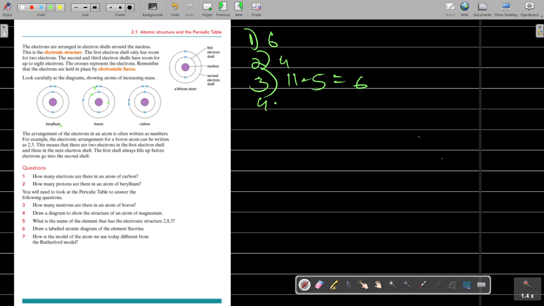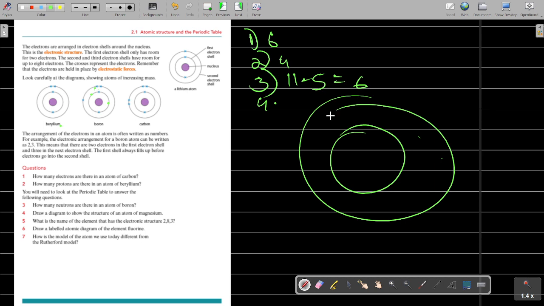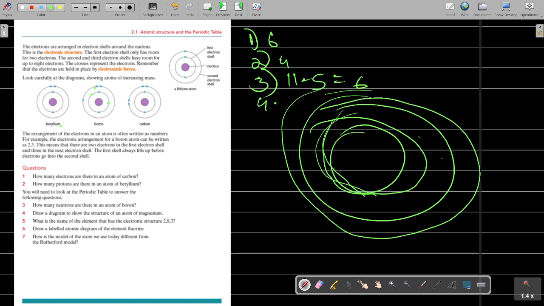That's what we finished. Draw a diagram to show the structure of an atom of magnesium. The atomic number of magnesium is 12.